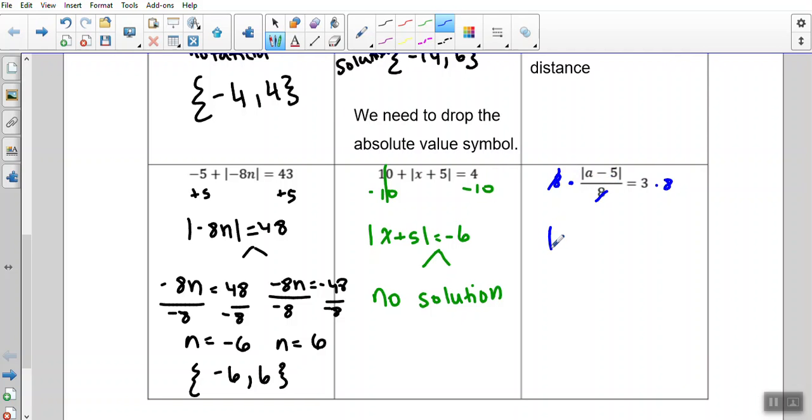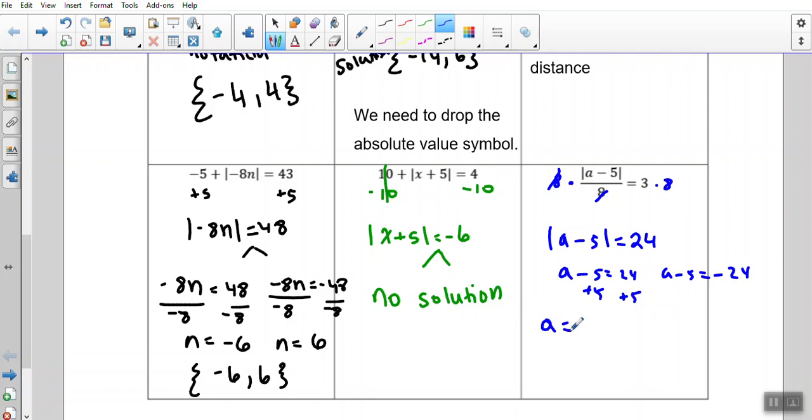So you have the absolute value of a minus 5 equals 8 times 3 is 24. And then we're going to split this. A minus 5 equals 24, and then a minus 5 equals negative 24. Okay, now we're going to add 5 to both sides.